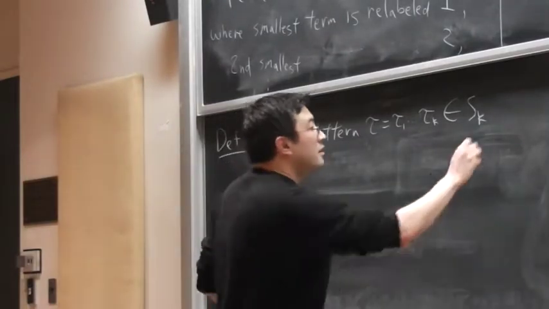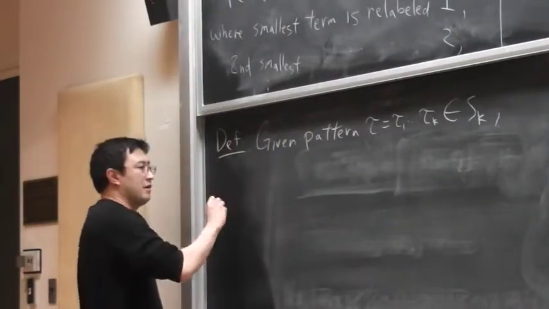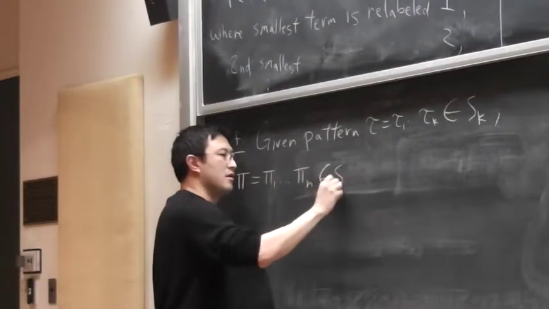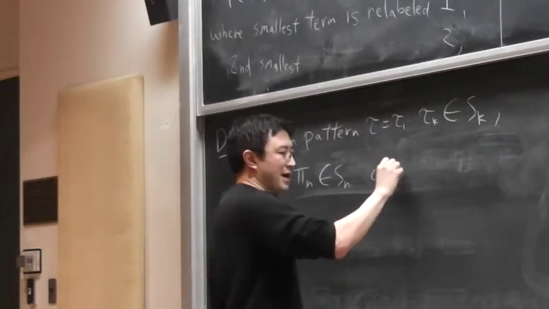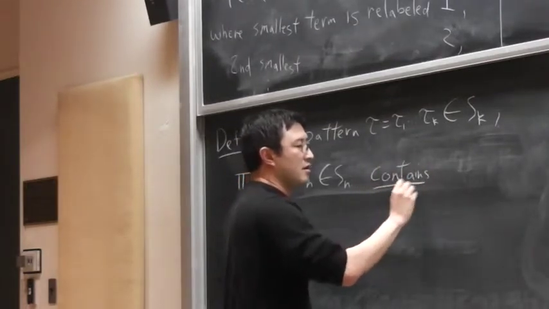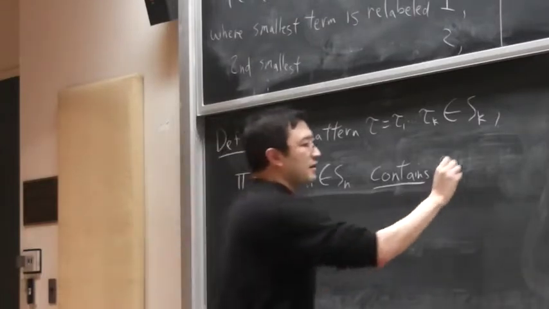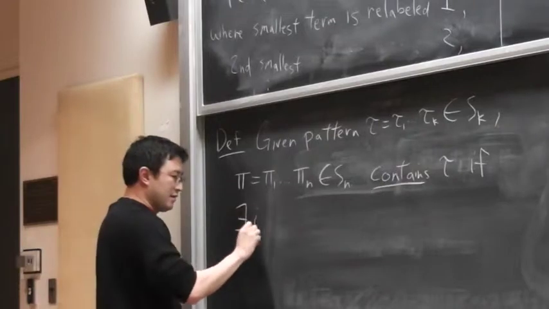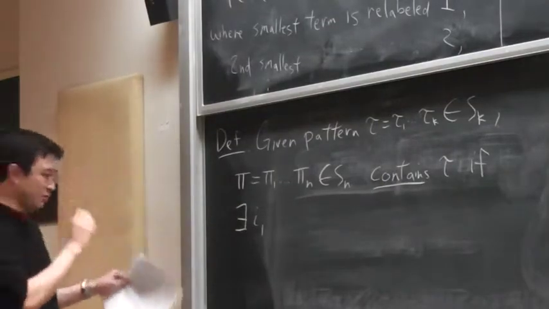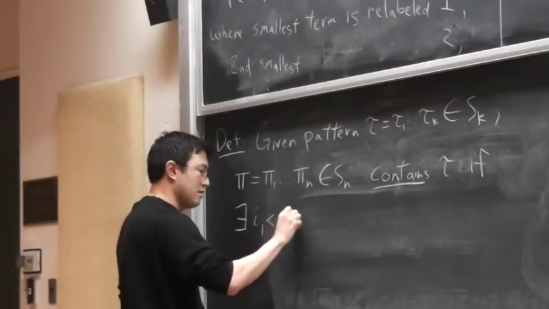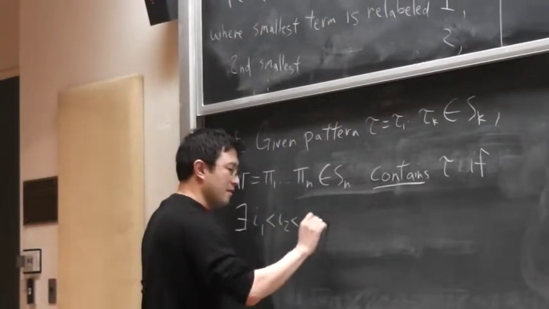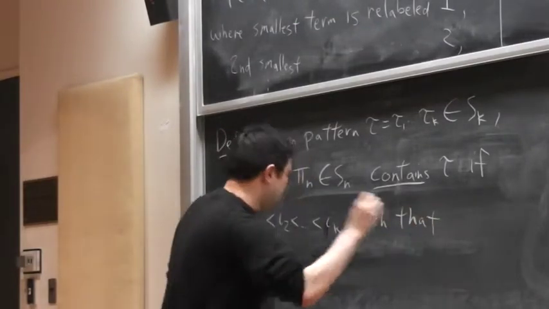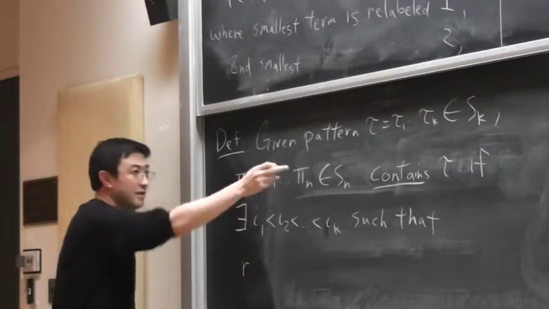We say that the permutation pi contains this pattern if there exists some length k subsequence such that the reduction is equal to tau.